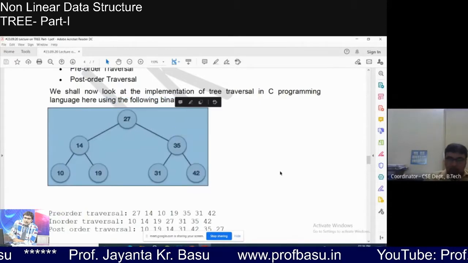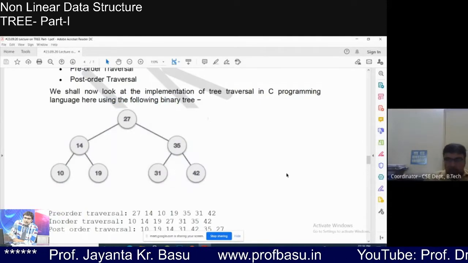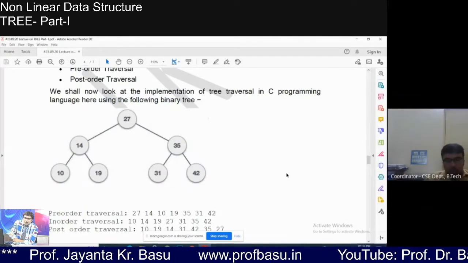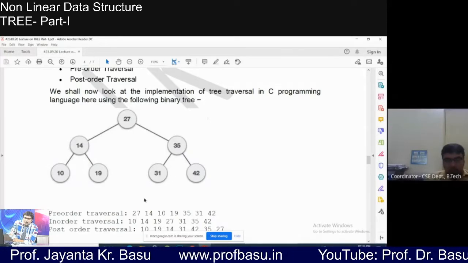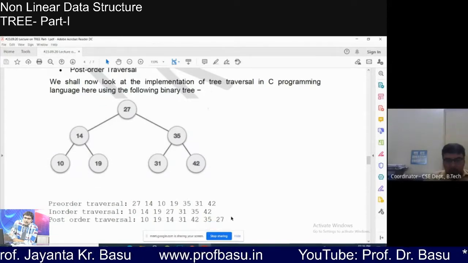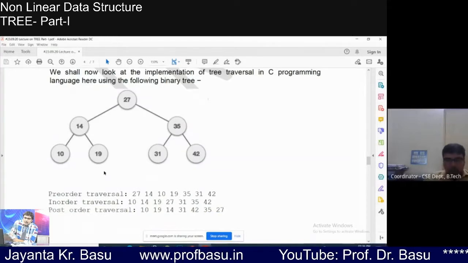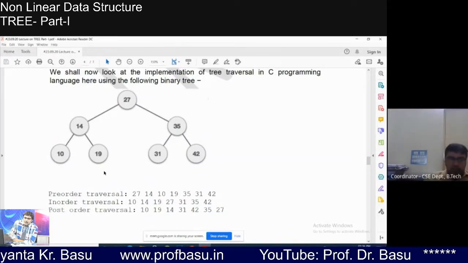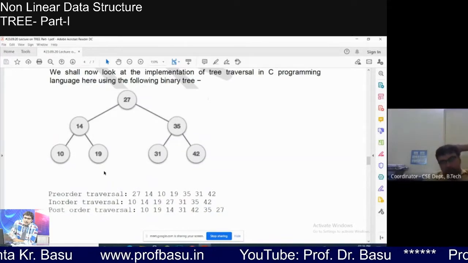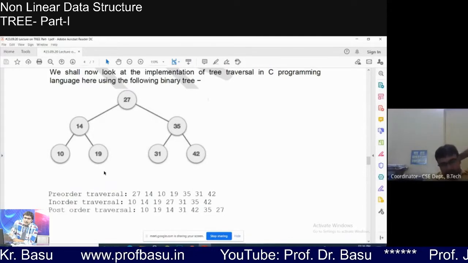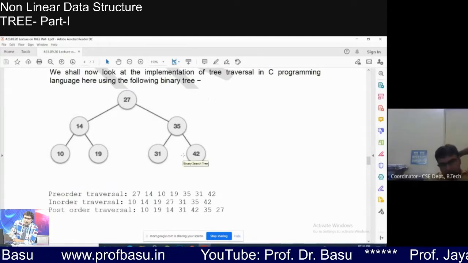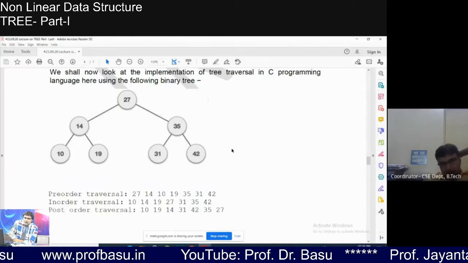I will teach you with an example how we get this sequence and how to traverse. Two techniques are there for a particular traversal that I will discuss in the next class. Today I plan to just give the overview.